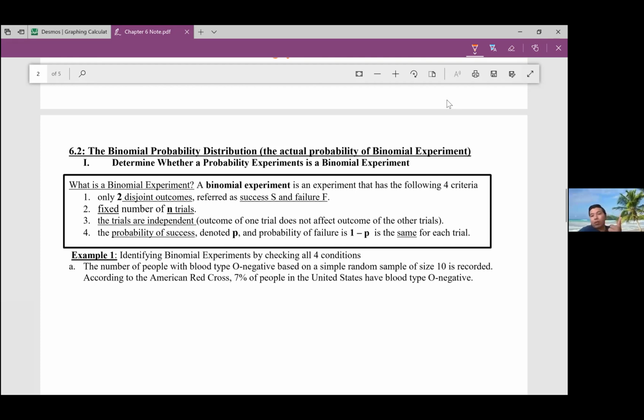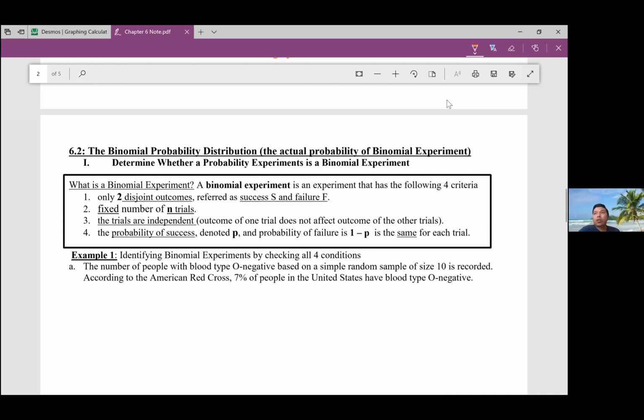If I flip the coin the first time and get a head, does that mean that if I flip it again I should get a head? The answer is absolutely not. If you flip the coin the second time and get a head, you are lucky. If not, you get a tail, right? So whatever happened in the first trial does not affect the second trial, and so on. And the probability of success, denoted by little p, and the probability of failure, denoted by 1 minus p, is the same for each trial.